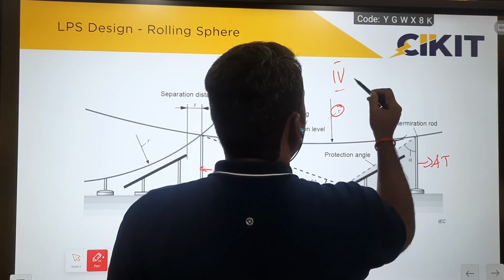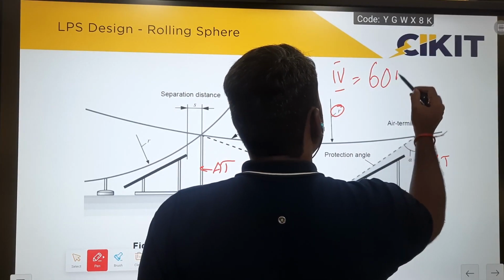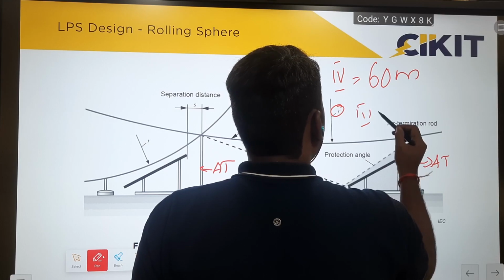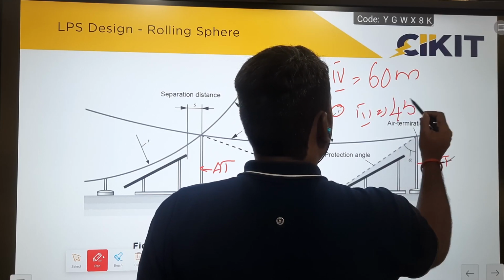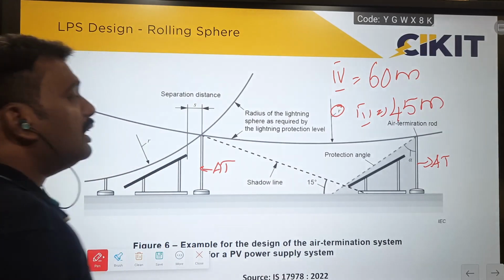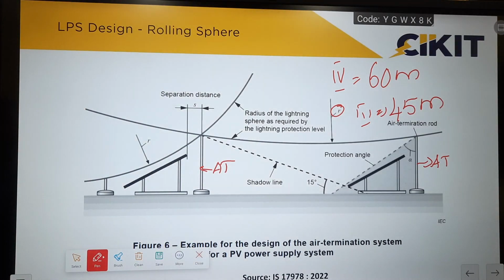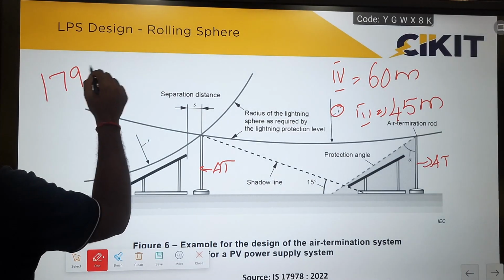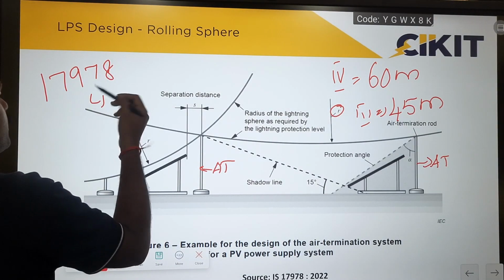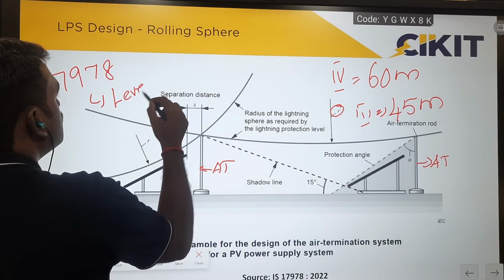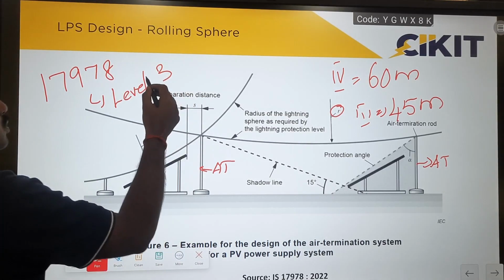Hence, for level 4, the radius will be 60 meters, and for level 3 it will be 45 meters. If I am going for level 3, then I will be rolling an imaginary sphere of radius 45 meters. IS 17978 has mentioned that it is preferable to go for level 3 protection for solar farms.